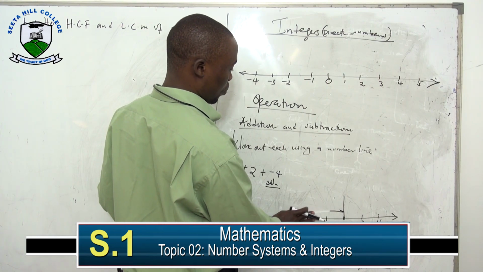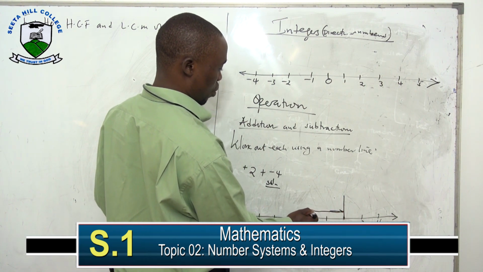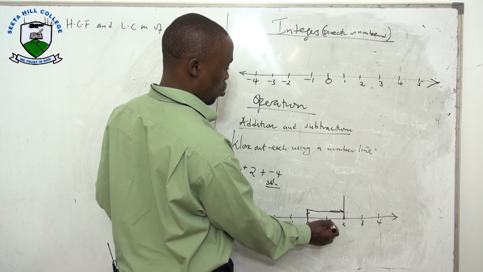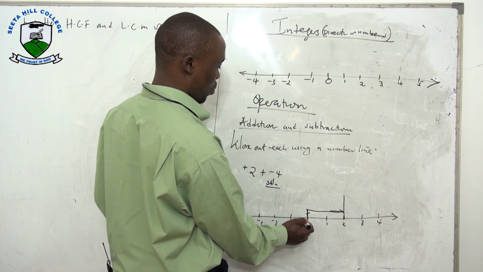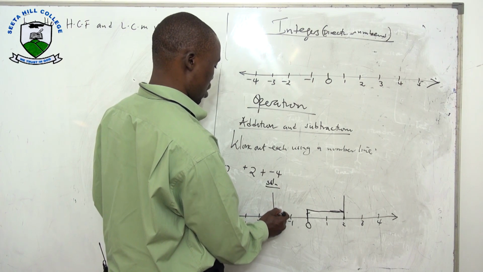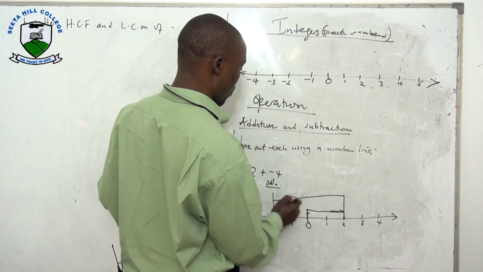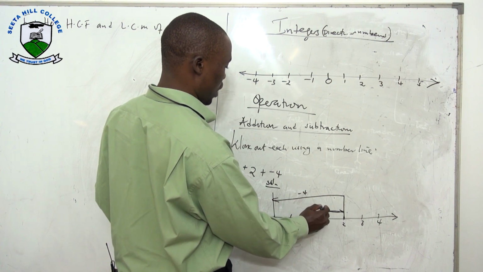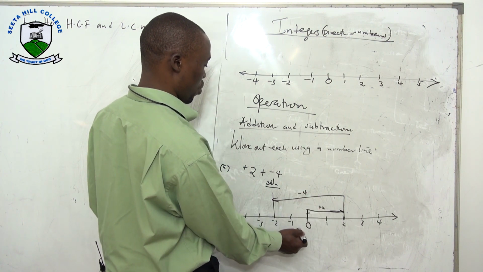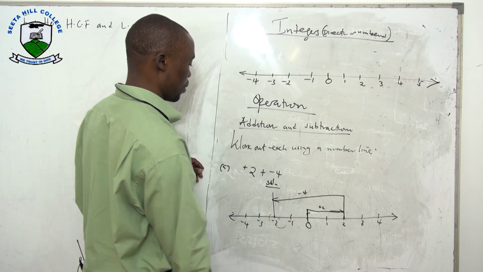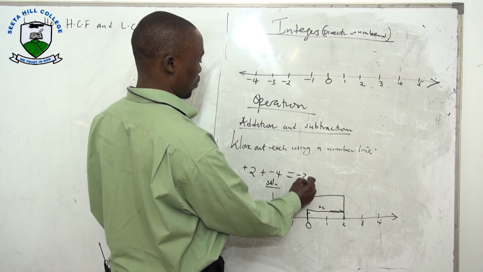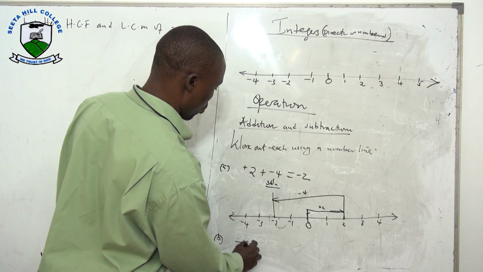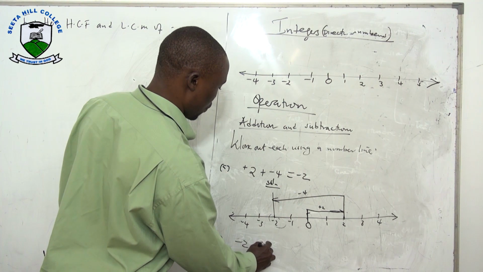From 0, 1, 2, 3, 4, that means you have ended with this one plus that. What is the total movement from the end? Negative 2, that's very flat. Could you test yourself for negative 2 or minus 3?